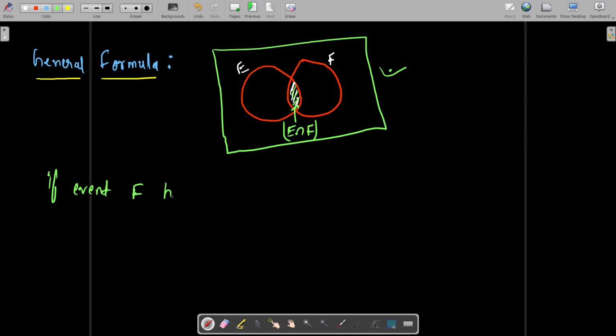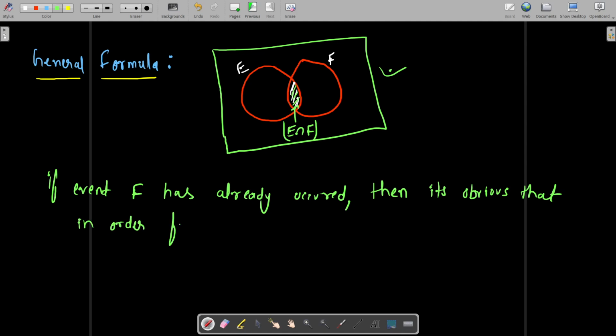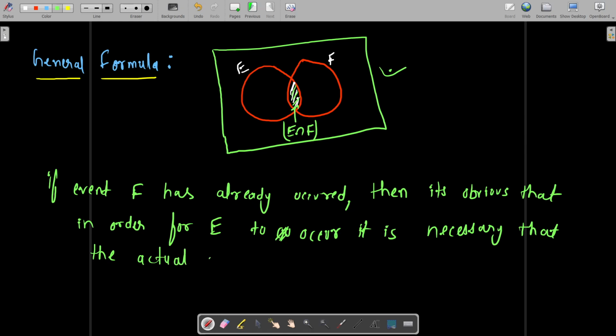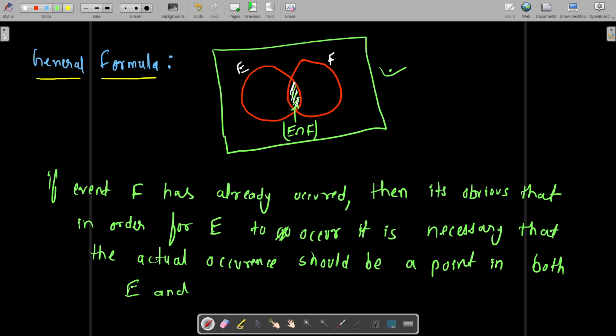So if my event F has already occurred, then it's really obvious that in order for E to occur, it is necessary that the actual occurrence should be a point in both E and F, because this is really intuitive.